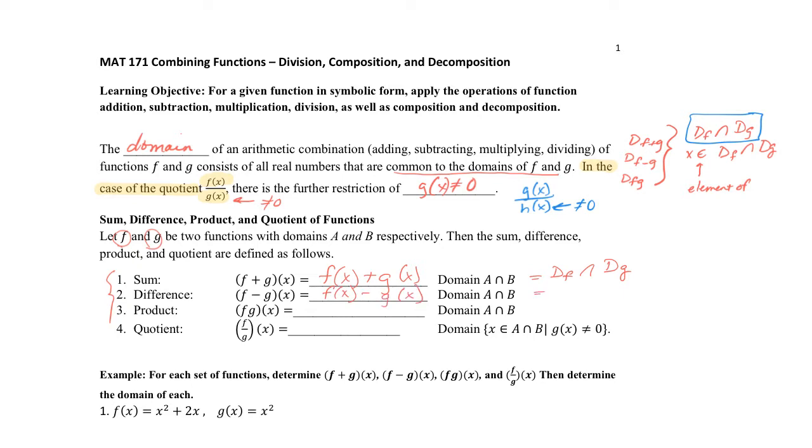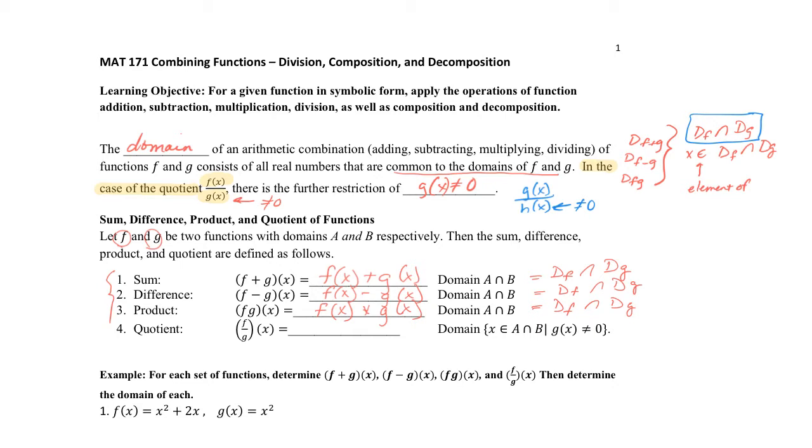So the domain, again, will be the intersection of A and B, or the intersection of the domain of f with the domain of g. Okay, again, I'll review. f times g of x, so the product, will be f of x times g of x, and then the domain, again, is whatever the domain of f's intersection is with the domain of g. And then the only thing new here, what we're learning new today, is about the quotient.